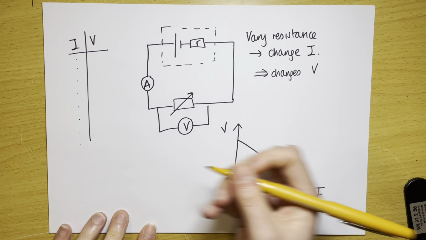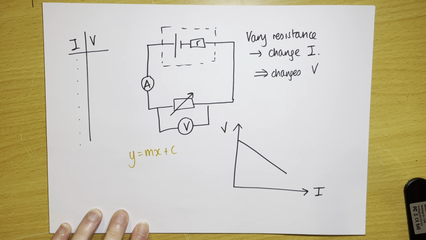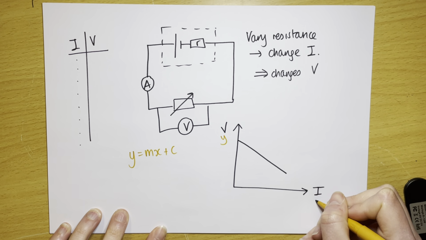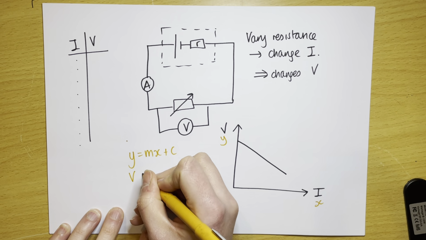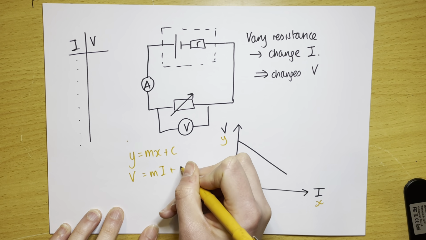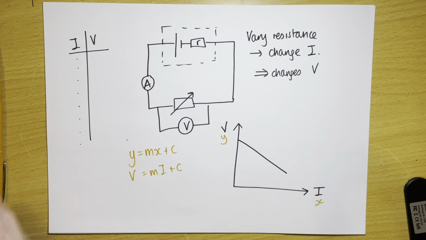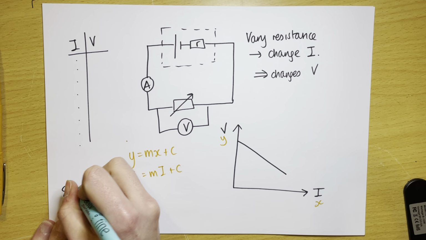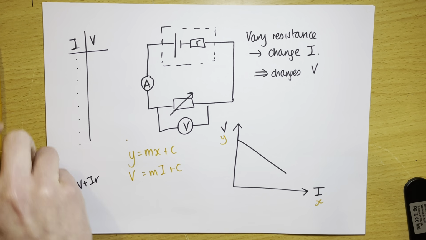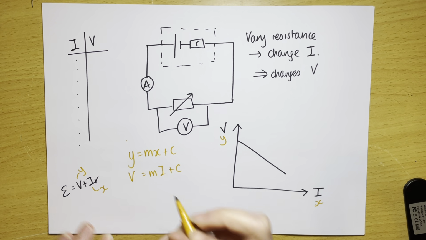Now, any straight line will be in the form y equals mx plus c. Here, y is V and x is I. So I can say V equals mI plus c, and I'm going to compare that to an equation that I've already seen, which is E equals V plus Ir.